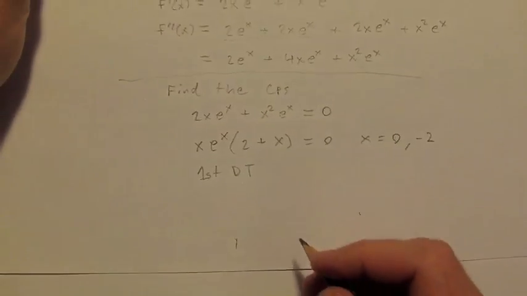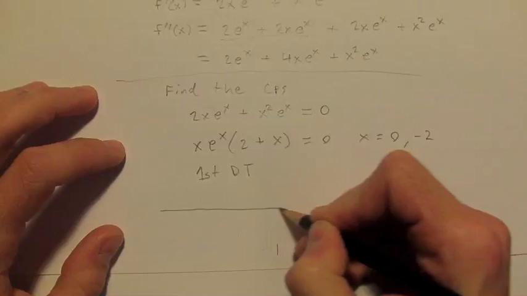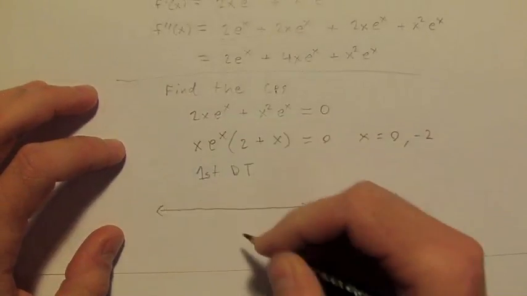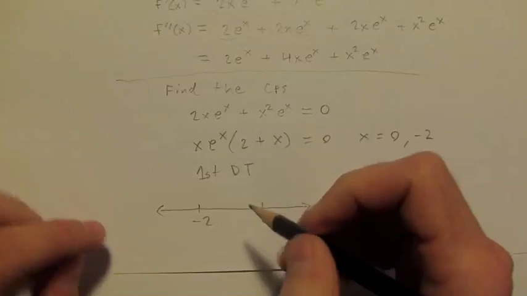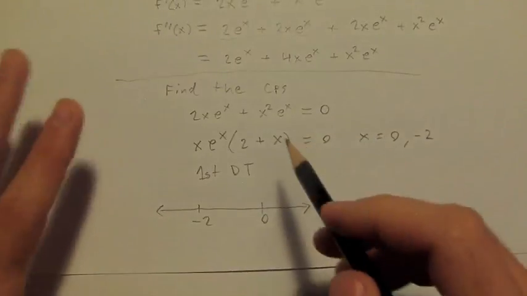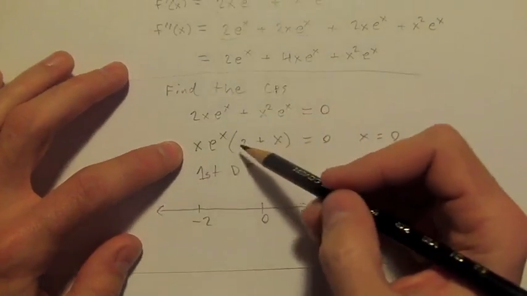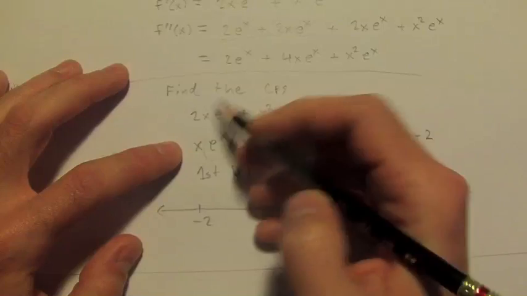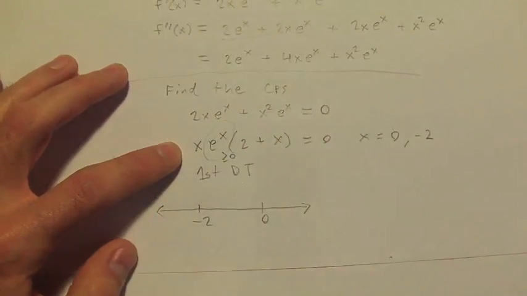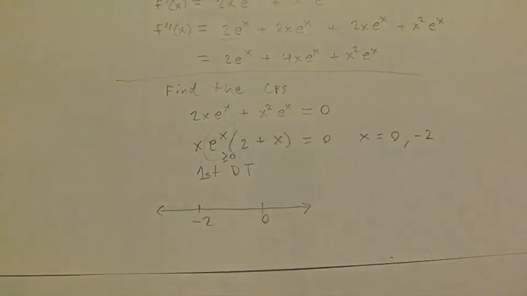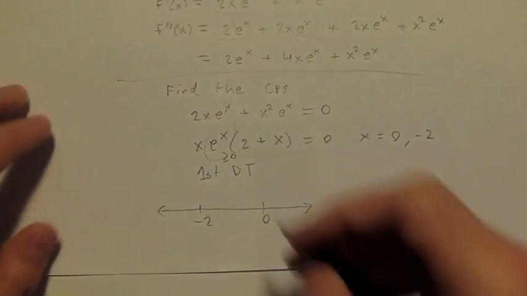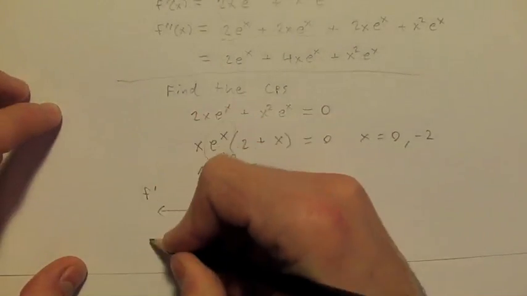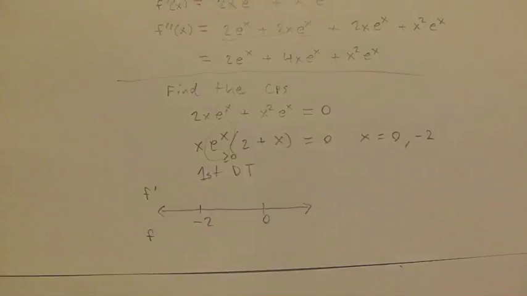I feel like that's a little better. Okay, so I'll put negative 2, 0. And the nice thing about this is when I'm checking this, e to the x is always positive. So it's not going to affect what I find here for f prime.